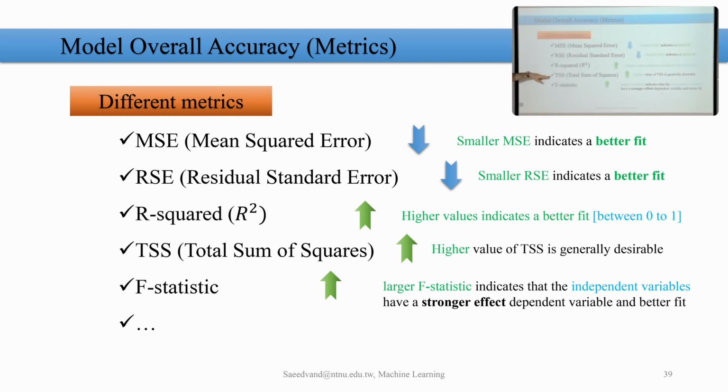For TSS, a higher value is generally desirable, but usually we don't use this solely. We bring it into the other ones. For F statistic, larger indicates that the independent variables have a stronger effect on the dependent variable. So this is a general perspective of the different metrics that we use for evaluating our models. Is it clear? Any question?